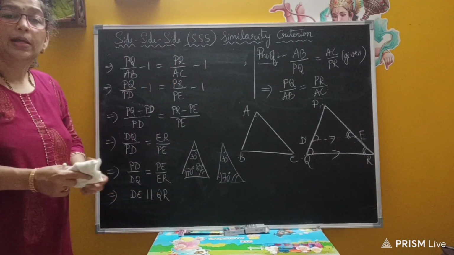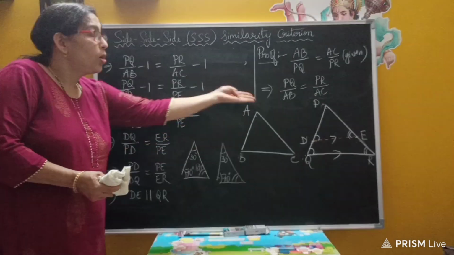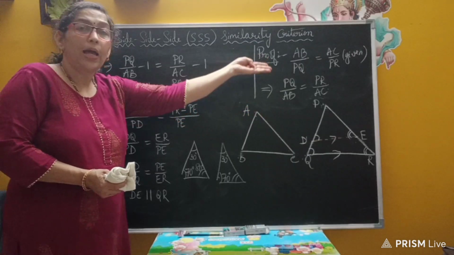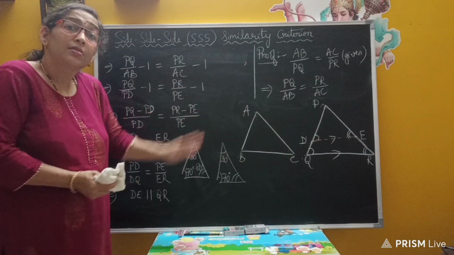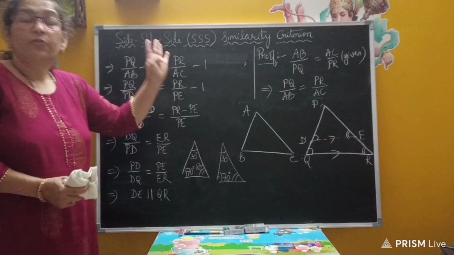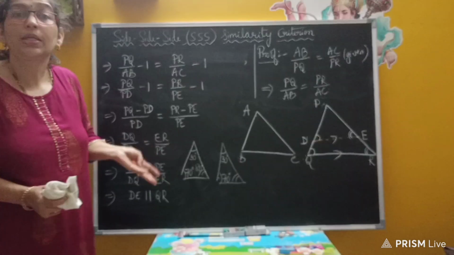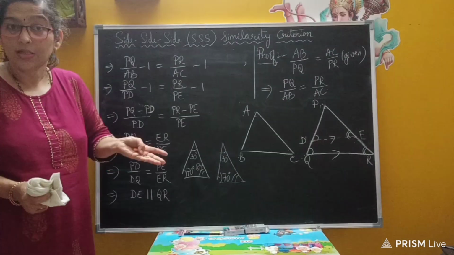So to define similarity of triangles, we need not have all three angles equal. We can use the AA criterion also. AA means, if two pairs of corresponding angles are equal, obviously the third angle must be equal, isn't it?